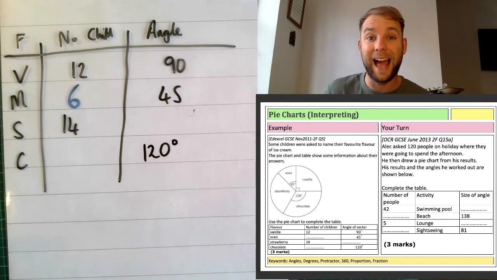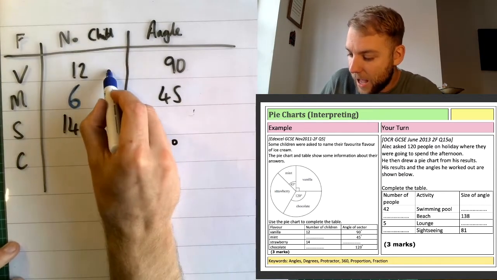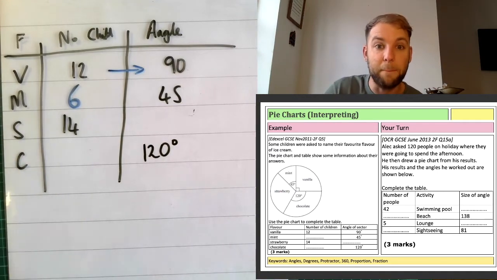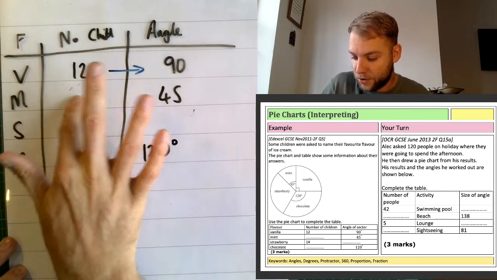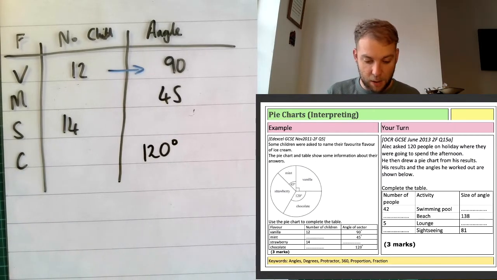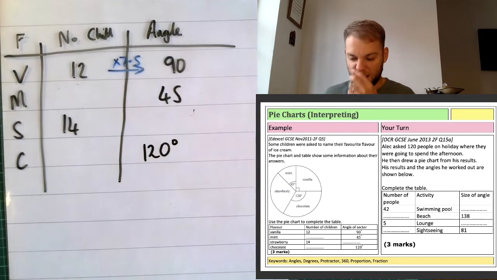But because this is a calculator one, what I'm going to suggest is we see how much bigger the 12 is to the 90. So what is my multiplier here? So let's work this out. The way you do this is I would do 90 divided by 12. Now if I do 90 divided by 12, my multiplier is 7.5.